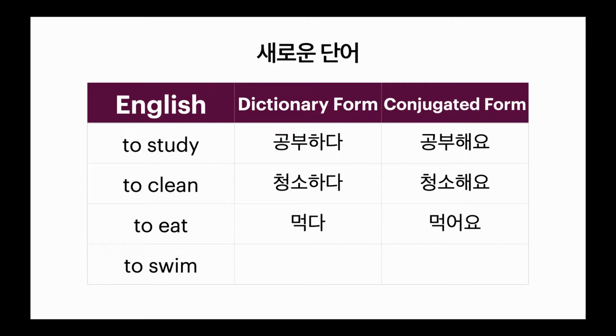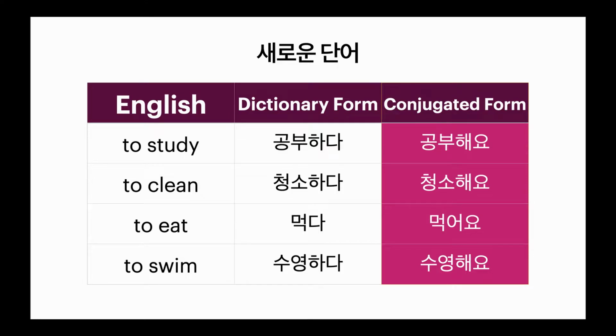Lastly, we have to swim, which is 수영하다. Conjugated into present tense, we have 수영해, and 수영해요 in polite form. Now today, like I said, we are only going to be practicing the conjugated form into present tense. So this column right here.